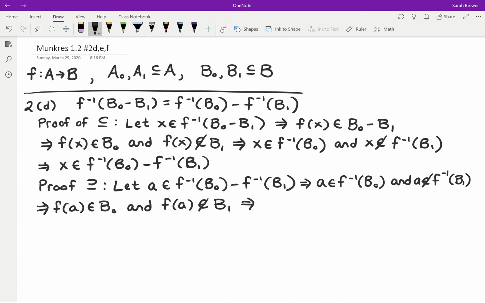So the image of a is in B0 minus B1, and if that's the case, then a is in the preimage of B0 minus B1, and so that proves that direction.